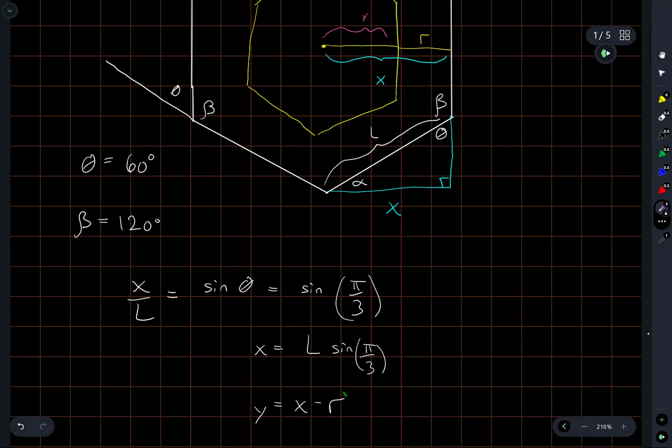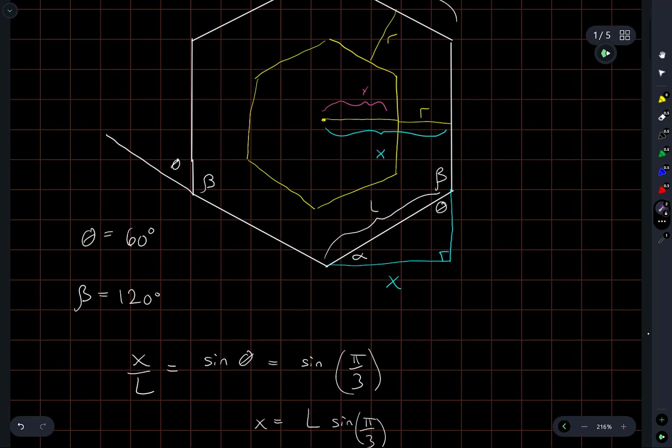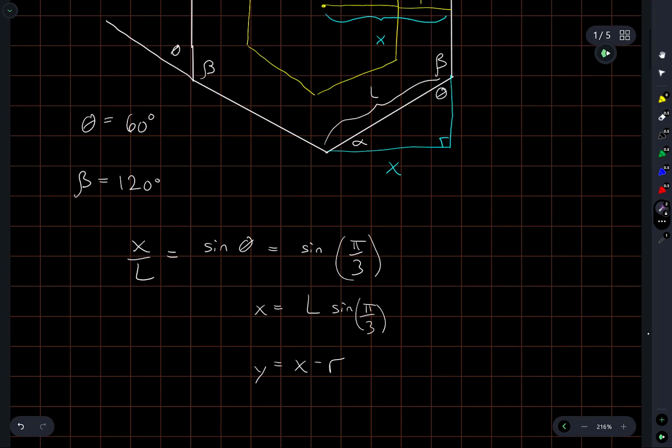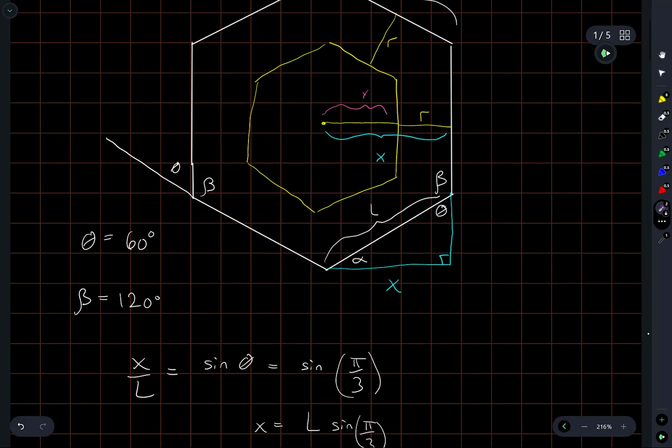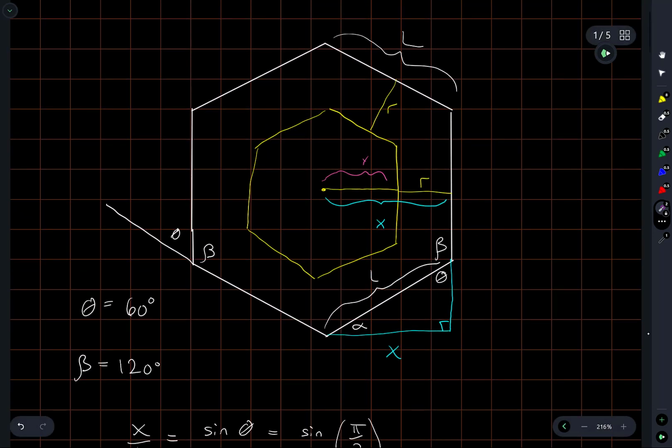Well, we know the diameter of the hoop, so we know the radius, of course. So we have y now in terms of the two parameters involved in the problem, L and R. Okay. Now, how do I use y to compute the area of this inner hexagon?